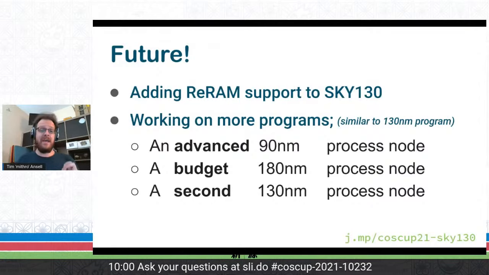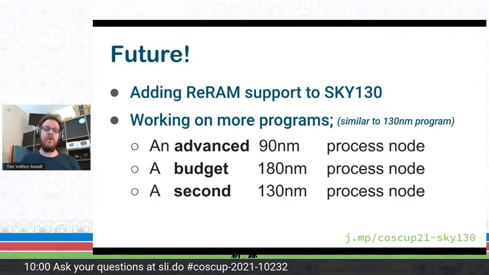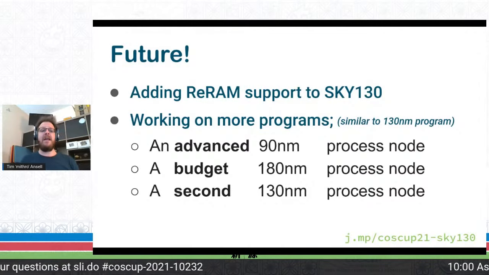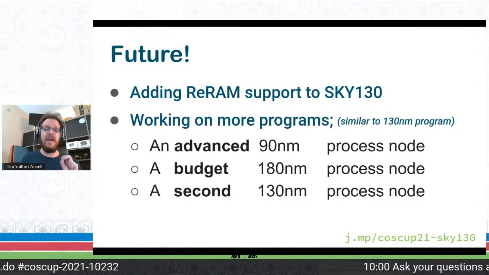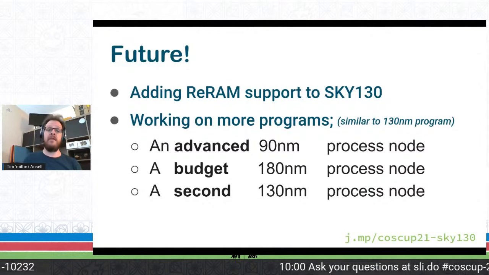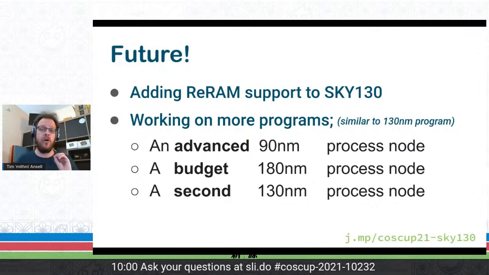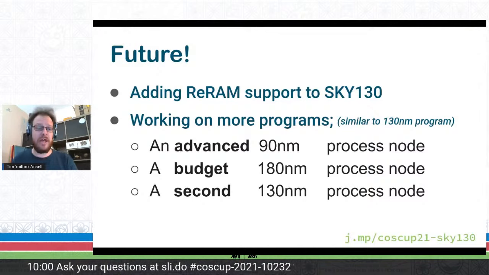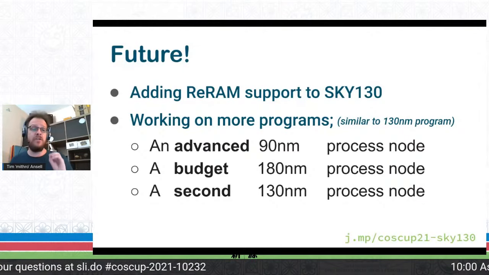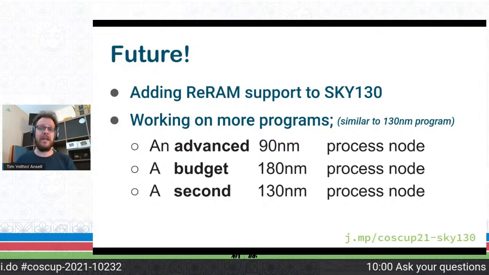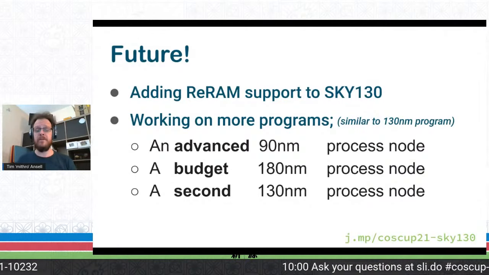We're looking at adding an even cheaper option for 180 nanometers and a second foundry providing an alternative 130 nanometer process. And all of these we hope to have, both open source and commercial programs to enable people to tape out quickly and easily on these programs.